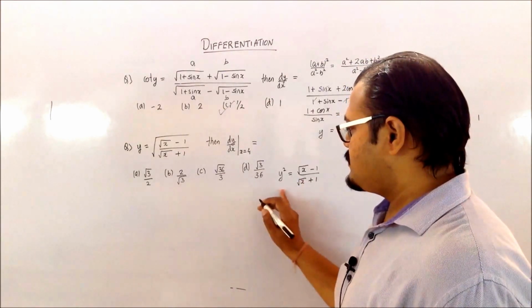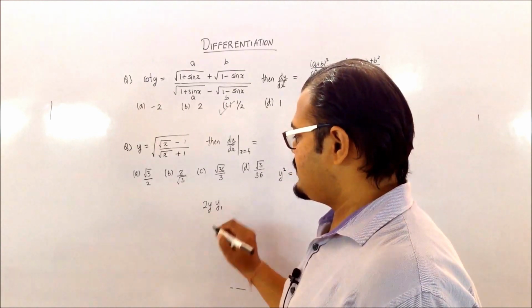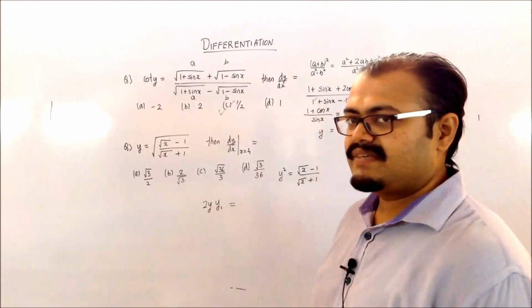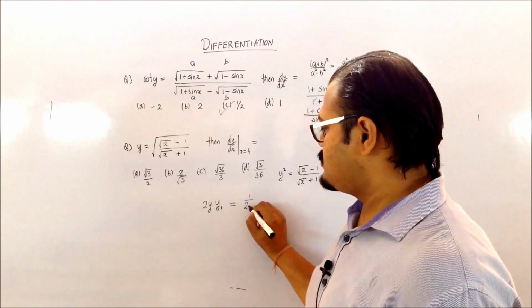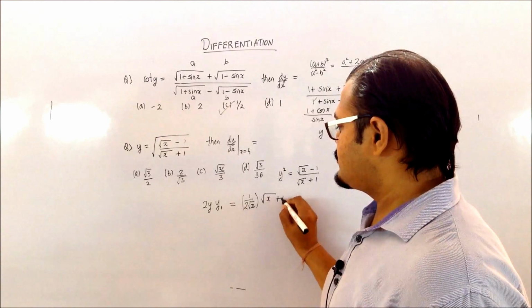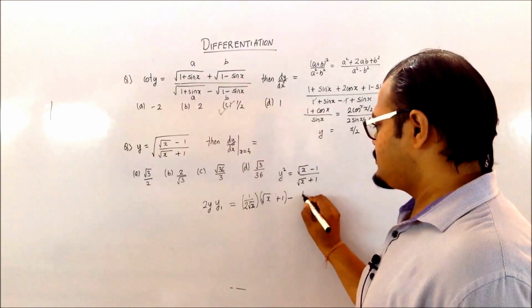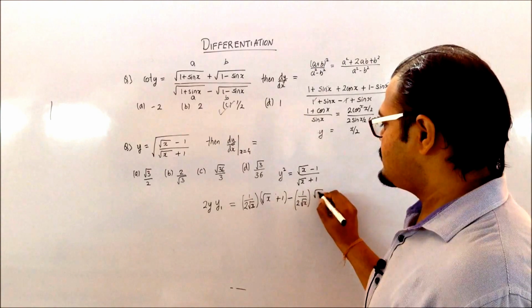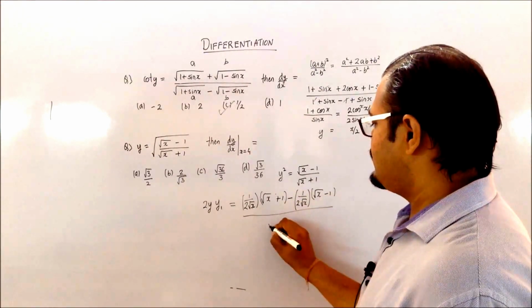If you take the derivative of this particular equation, you will get 2y y1, that is the derivative of y, is equal to, this becomes my u by v rule. So it will be the derivative of the numerator, which is 1 upon 2 root x, into the denominator, minus the derivative of the denominator into the numerator, the whole thing divided by the denominator square.